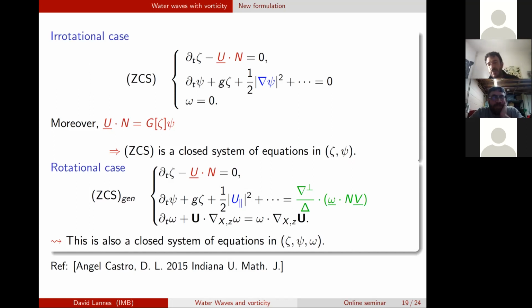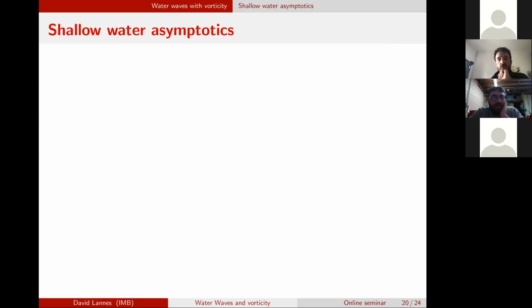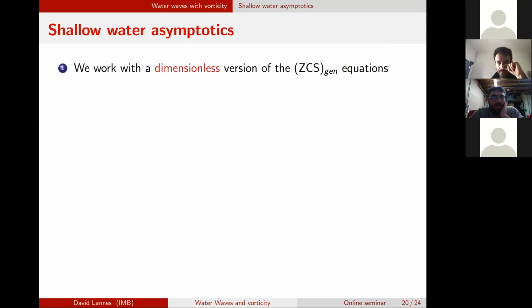So this will be a problem if we want to obtain asymptotic shallow water models. The question is, do these shallow water models with vorticity require working in a d+1 dimensional domain, or can we still work with a d-dimensional domain as in the irrotational setting? This is the question that is unclear.